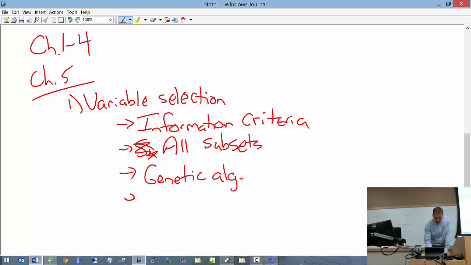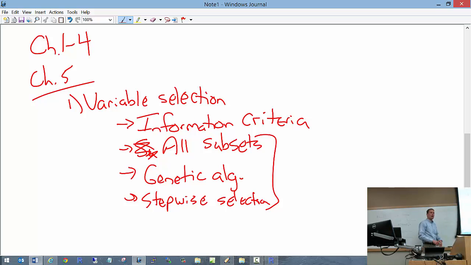Then also we talked about stepwise selection methods. Of the 3 methods here, this is probably the worst of the 3, but it still can end up providing a good model. Stepwise is easier than the other 2, and sometimes maybe that's the only thing that you can do, as we kind of saw with the Placekicking data set.